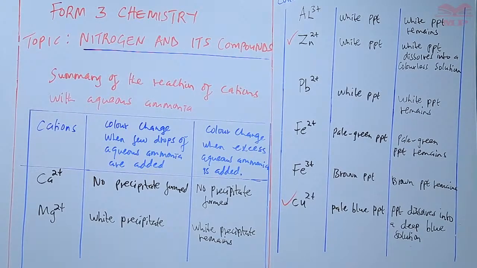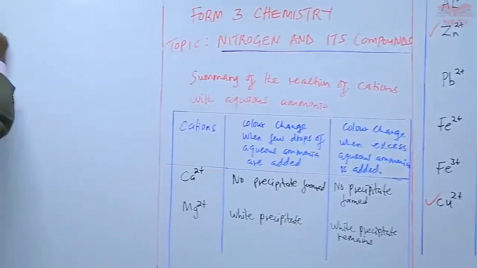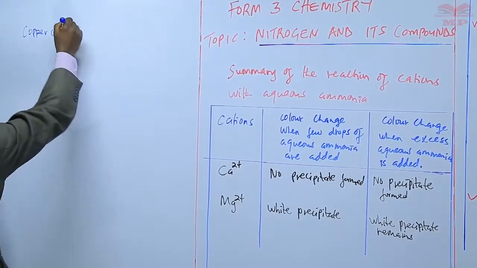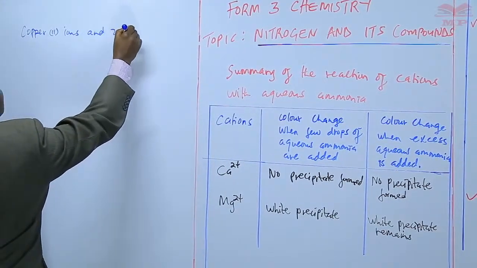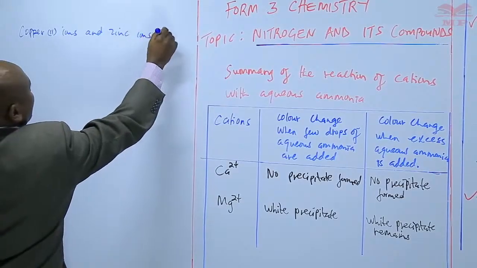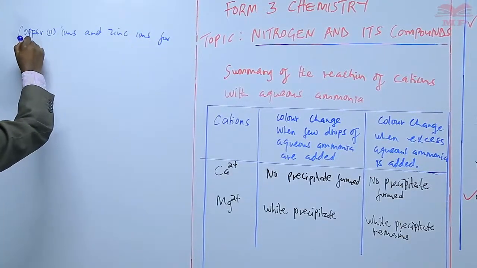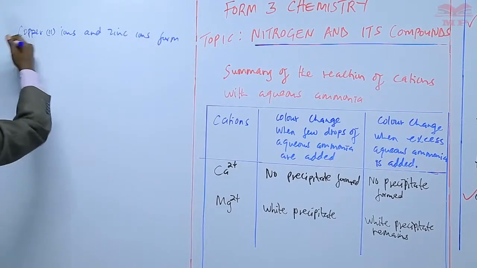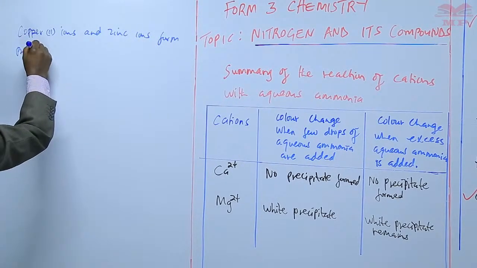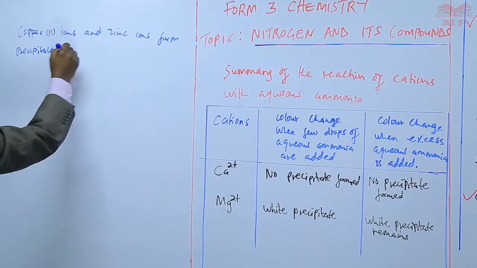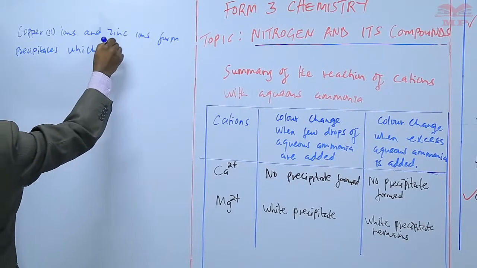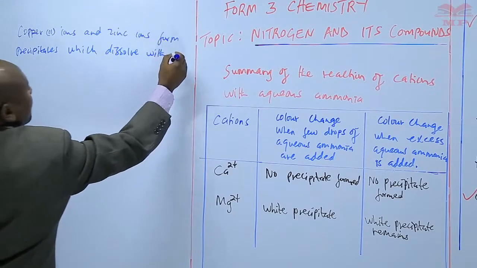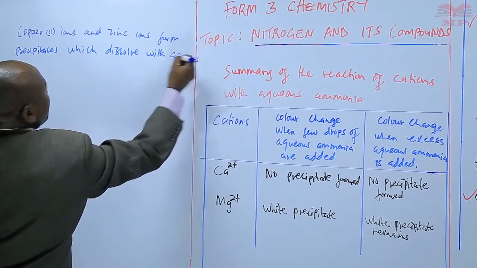And on that we can say that copper 2 ions and zinc ions form precipitates which dissolve with aqueous ammonia.